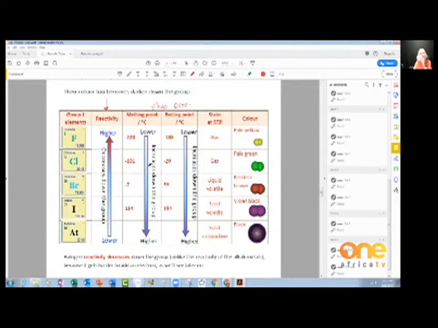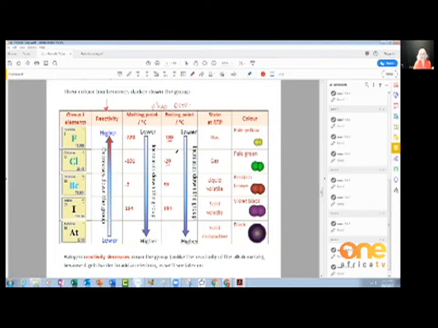And the same trend is always followed by the boiling points in substances. Now here are the boiling points, which means it's the change from liquid to gas. So for fluorine, it changes to gas at minus 188 degrees Celsius. And chlorine changes to gas at minus 29 degrees Celsius.